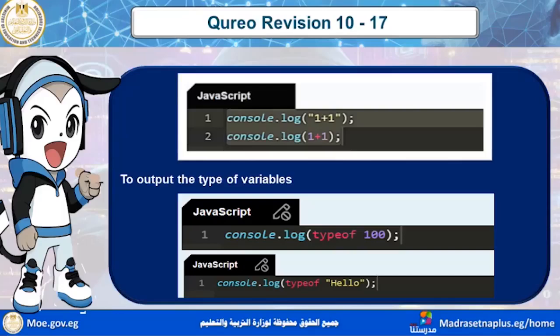Then console.log typeof hello. So we want to get the type of 100 without quotation, and we want to get the type of hello with quotation.